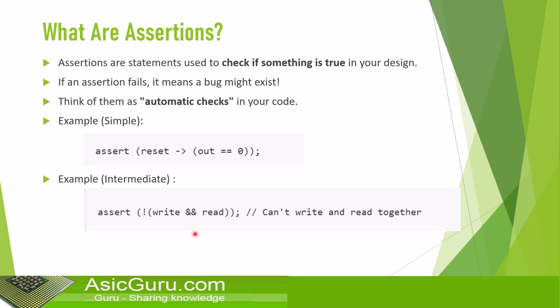In the second example, we are checking that write and read should not happen at the same time. This is a kind of protocol check, and we use it in FIFOs or memory controllers, etc. You can see that with just a single line, we can add meaningful design checks that can catch bugs early in the verification cycle.